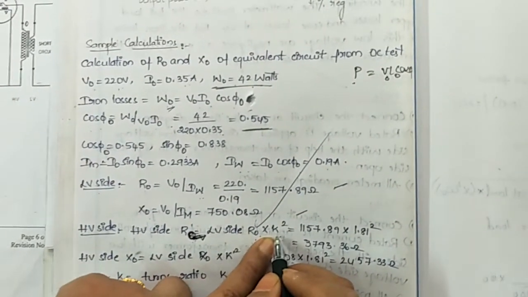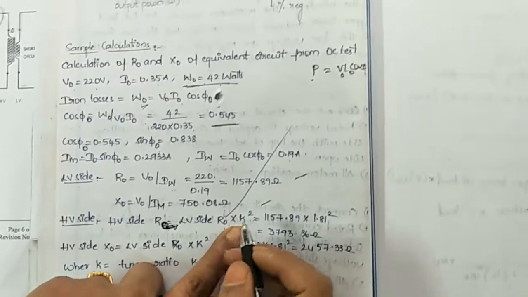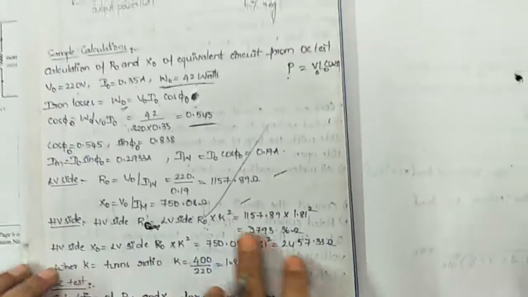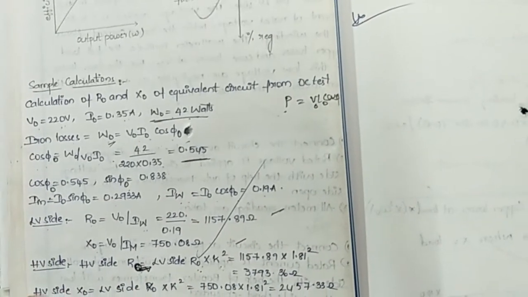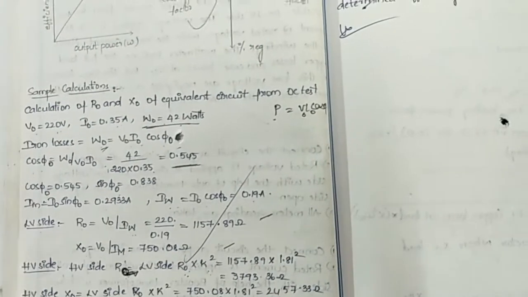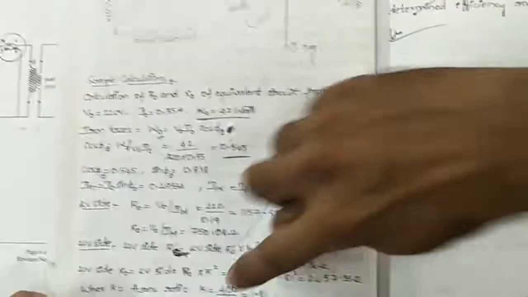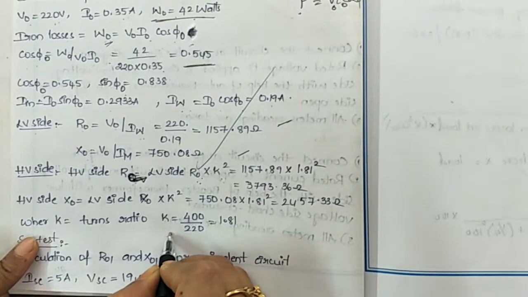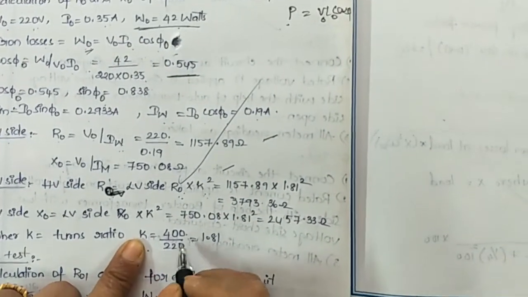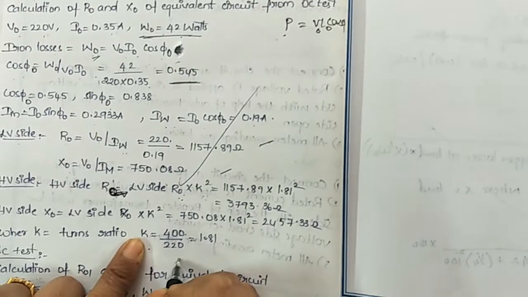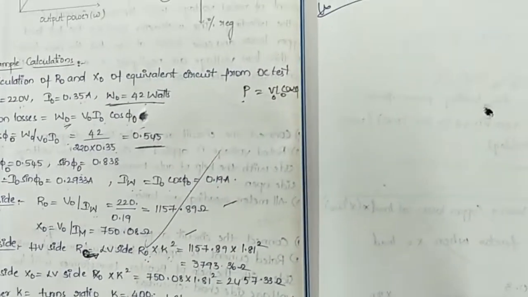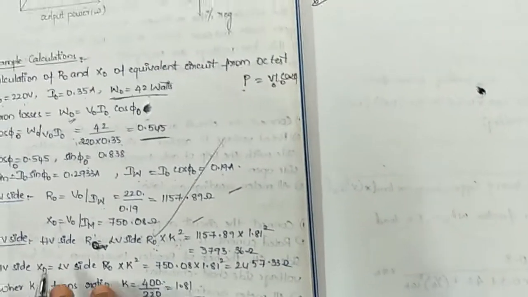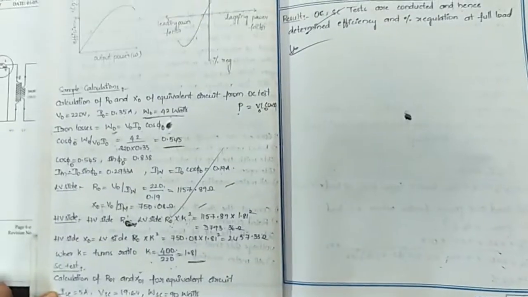K indicates the transformation ratio, which is equal to N2 by N1, that is 400 by 220, which equals 1.81. Substituting, you get R naught and X naught referred to the HV side, and similarly X naught on the HV side.